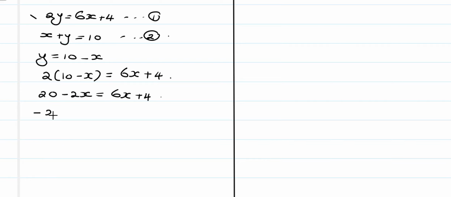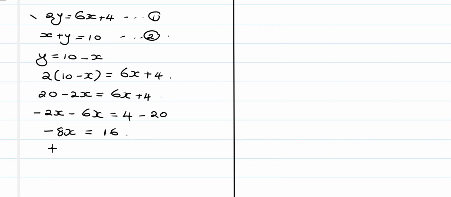So it becomes minus 2x minus 6x, because here x was positive, is equal to 4 minus 20, because 20 on this side was positive, so on the other side it becomes negative. So minus 2x minus 6x becomes minus 8x is equal to 4 minus 20 is negative 16.